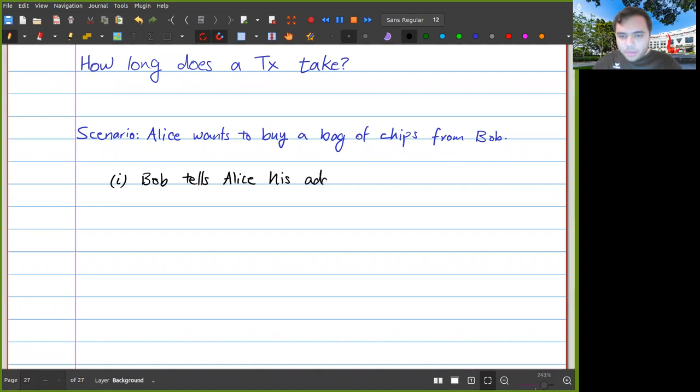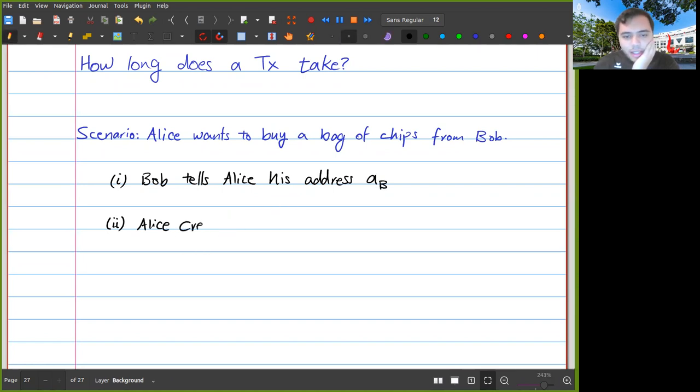I'm just going to write address now because we are already used to using public keys as addresses. And then the second step is that Alice creates a transaction. So let's call this address the address of Bob.